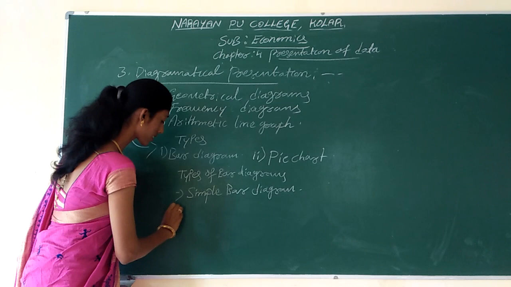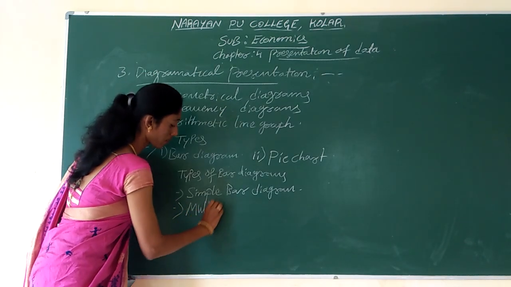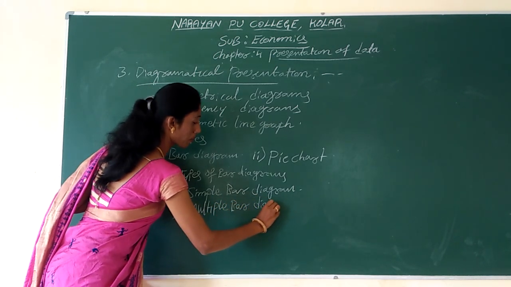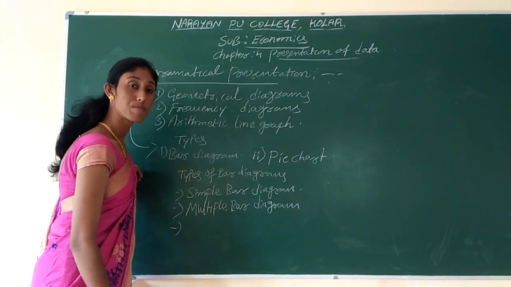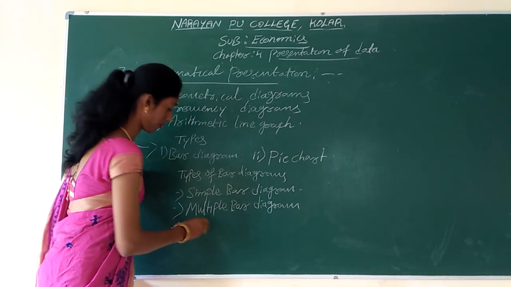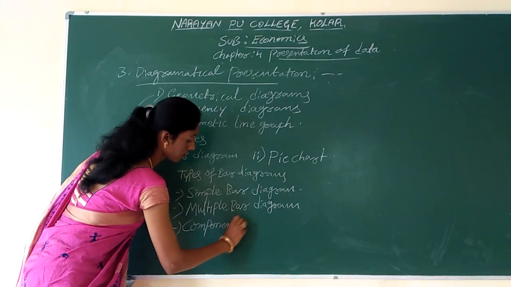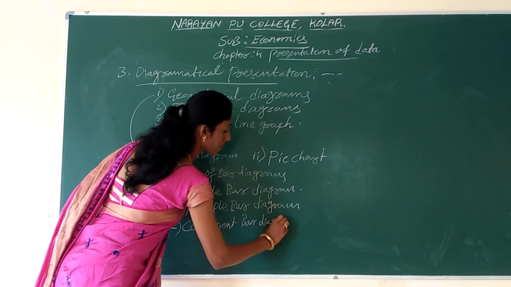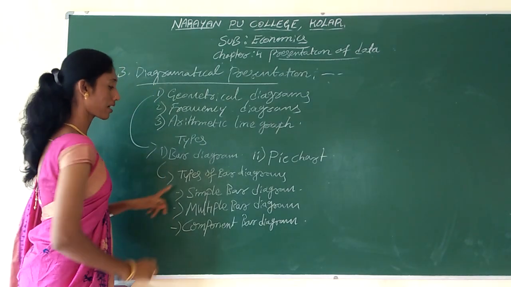Next, the second form of bar diagram is the multiple bar diagram, and the third one is the component bar diagram, which we will also call a percentage bar diagram. These are the main three types of bar diagram.